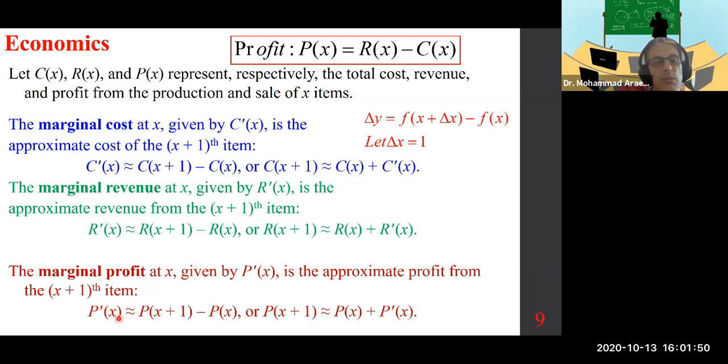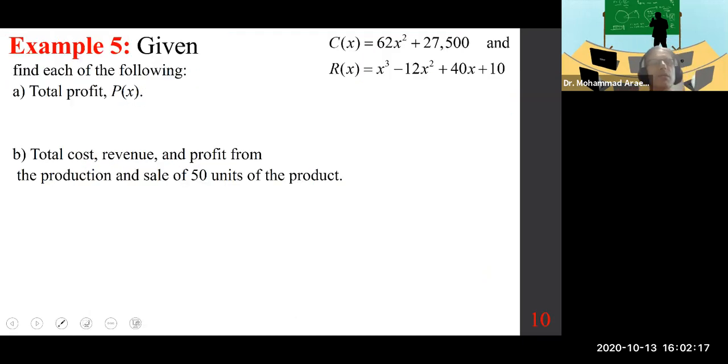So P prime of x, R prime of x, and C prime of x are called marginal. That's the idea that we are working on. Another way of writing it is that P of x plus 1 is P of x plus P prime of x.